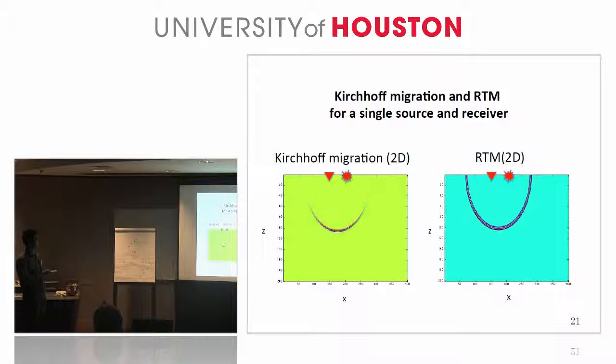And the figure on the right shows an RTM image with the same data, with the same source and receiver location. And this image also gives us an ellipse. And we can see Kirchhoff migration and RTM share some behavior, and both depend on summing over all possible candidates.